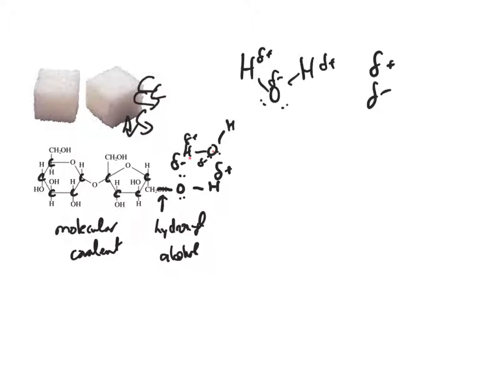It gets strongly attracted to some other oxygen in the sugar molecule. And likewise, the hydrogen that's in the hydroxyl or alcohol group on the sugar molecule can be strongly attracted to the oxygen that's in the water molecule. And so by hydrogen bonding, that's how this molecule dissolves in water.